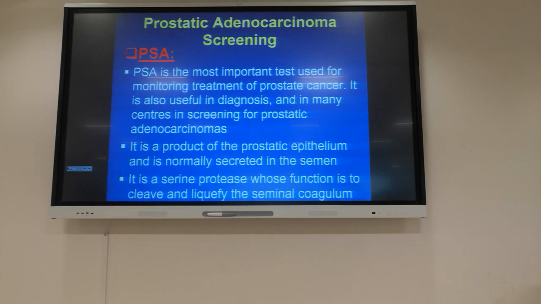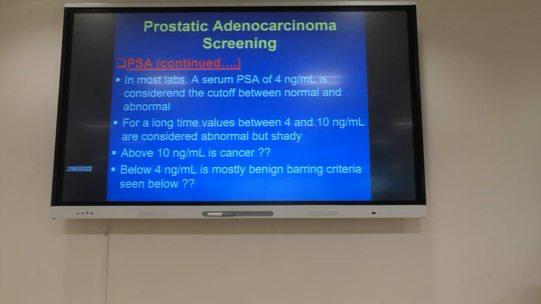Now there are what you call refinements for the PSA test. Before that, another weak point is the cutoff point of the test, which you cannot trust 100%. Less than 4 is great, and 4 to 10 is considered normal, right?